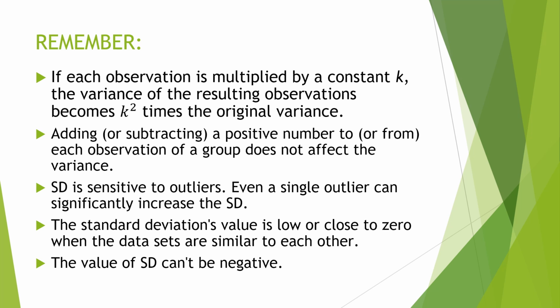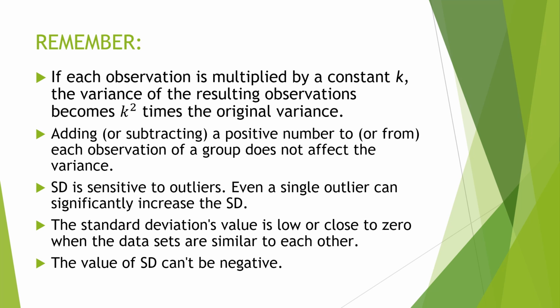Some points to understand. If each observation is multiplied by a constant k, the variance will become k square times the original variance. We will understand this with the help of an example later on. Adding or subtracting a positive number to or from each observation of a group does not affect the variance. Standard deviation is sensitive to outliers.